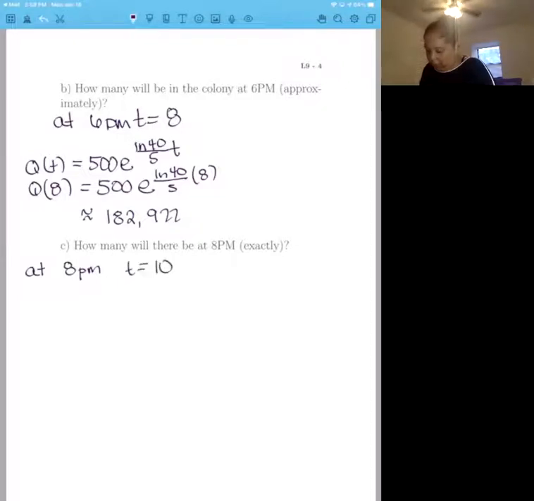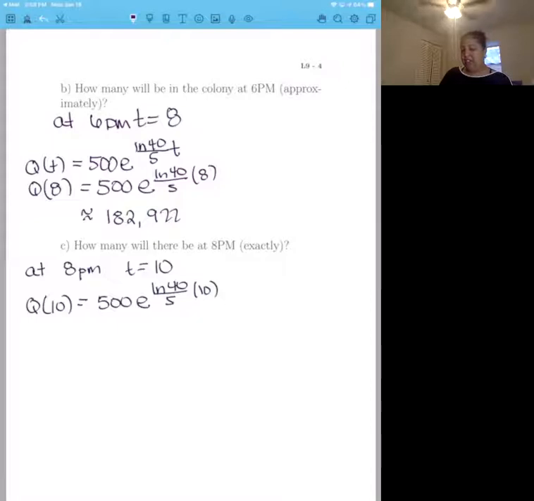So Q of 10 is equal to 500 e to the natural log of 40 over 5, times 10. All right, so if I have 10 divided by 5, that gives me 2, right?